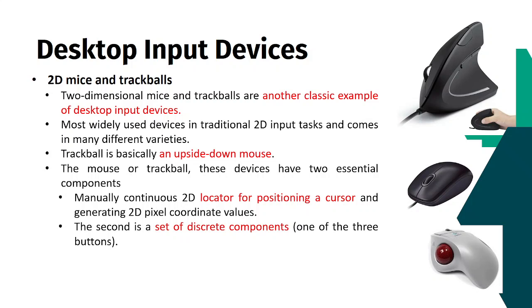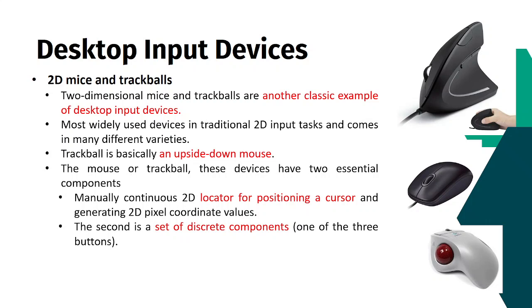Now the major advantage of a trackball is that it does not need any flat 2D surface to operate. So that gives the user a preference to hold it in a hand, and it can still operate correctly for a user interface.